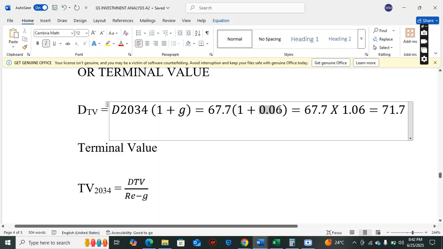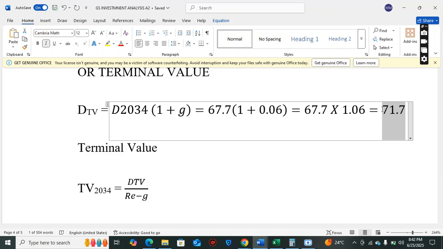So I put here 1.06. The dividend for 2034 multiplied by 1.06 gives this expected dividend of 71.7. Any questions before we move further?